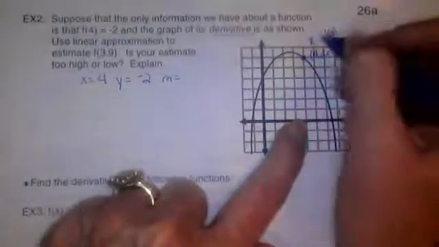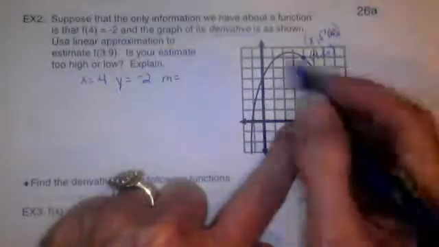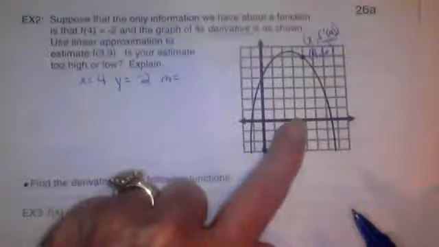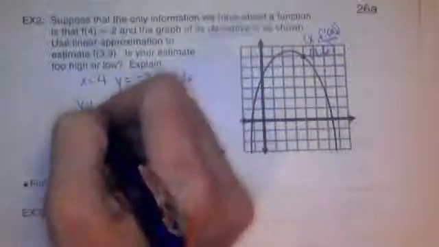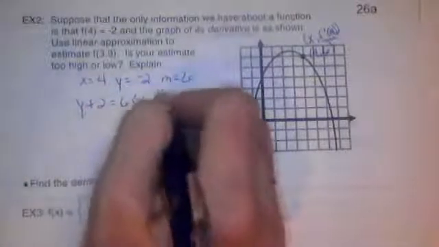And remember that this is x and then the derivative at 4, right? This equation here is a graph of the slopes. And so f prime of 4 is 6, so our slope here is just 6. So we're going to have y minus negative 2, so y plus 2 equals 6 times x minus 4.